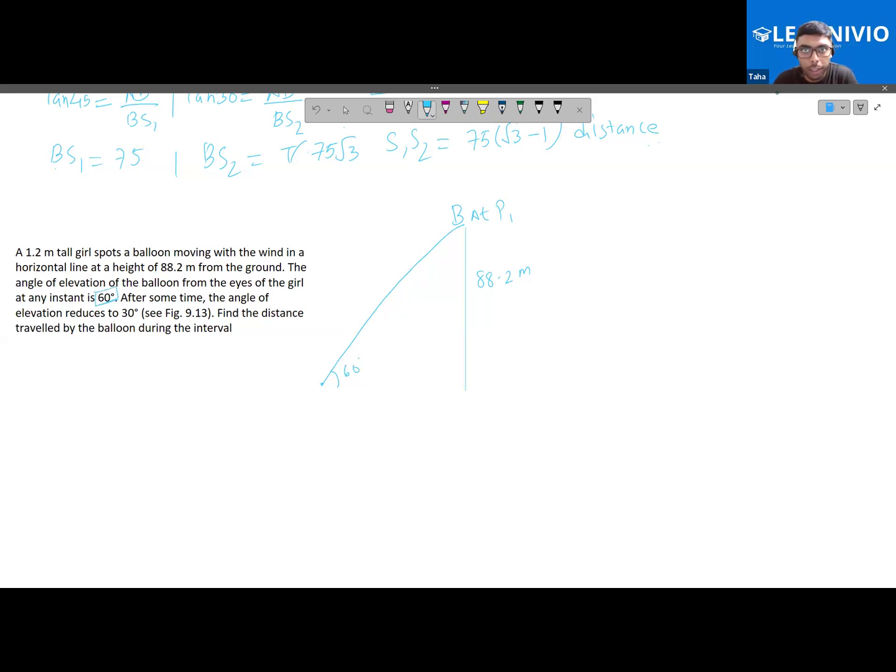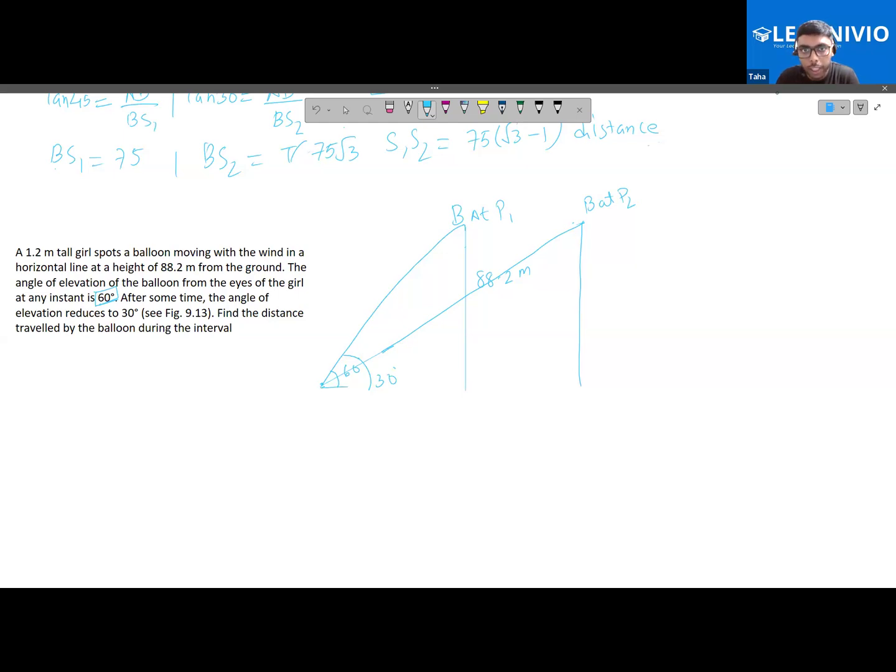And when the balloon moves from point P1 to point P2, the angle of elevation now becomes 30 degrees.